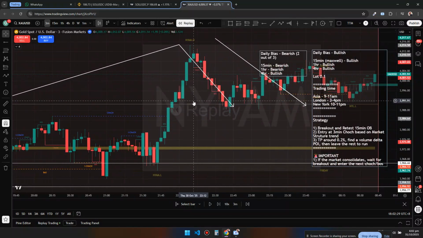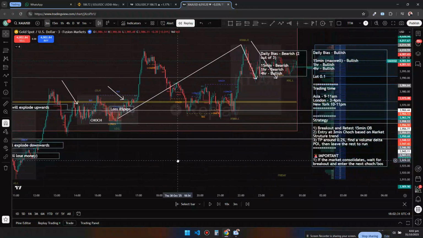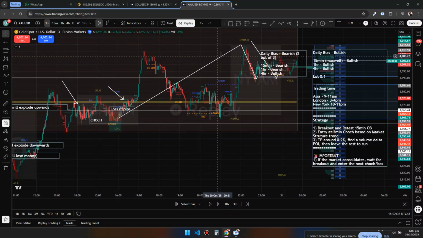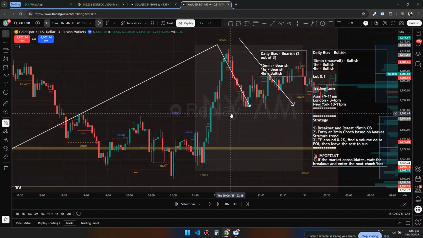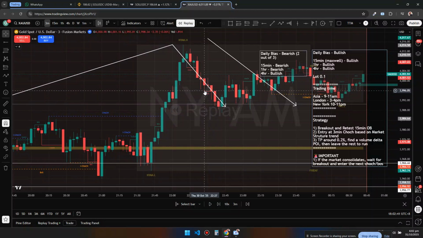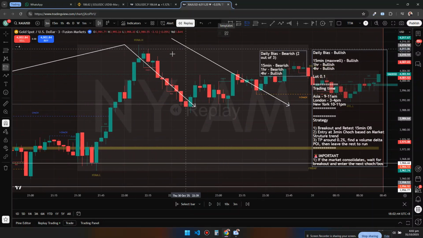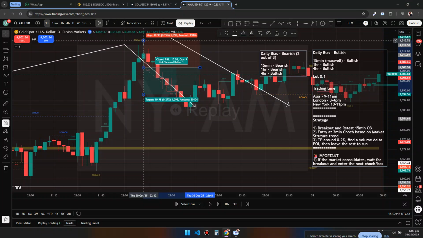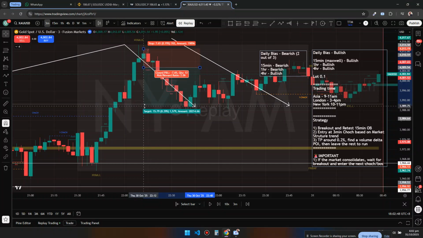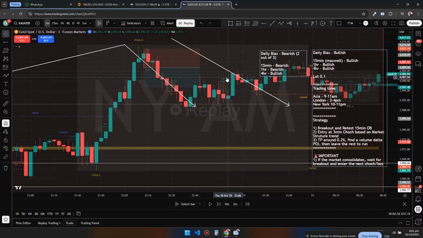So basically, you can see that the entire price is going into the 15-minute OB deeper, and then it started coming downwards. So this is where I would make a trade. This is gold. So 0.2 is like $100.